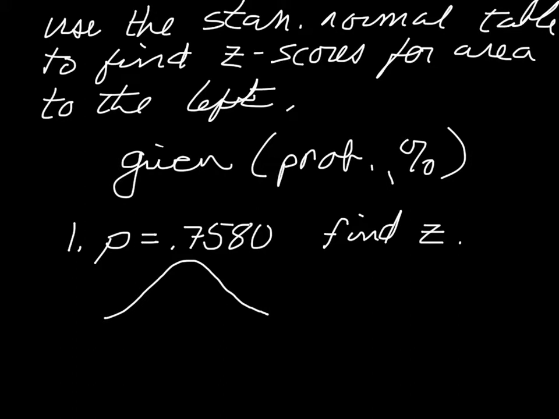So here's the first problem. The probability is equal to 0.7580, and I want to find the z-score that corresponds to that.